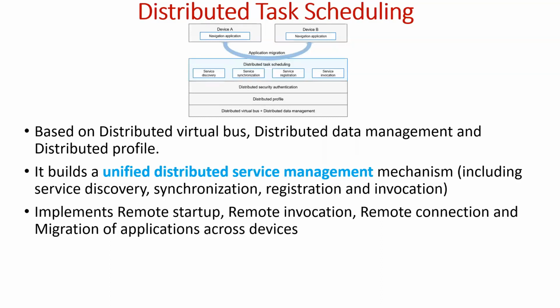The next is, so we know about distributed communication and distributed data management. Next in line is distributed task scheduling. This provides the entire system as a virtual bus, based on the virtual bus, distributed data management and distributed profile, so that a task can be scheduled on any of the devices, and I can achieve the needed distributed functionality.